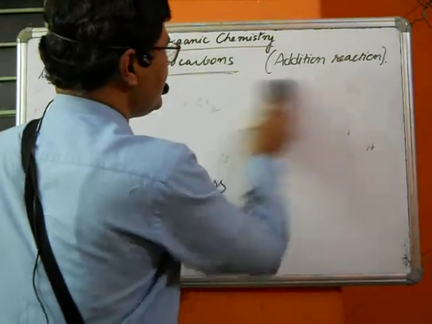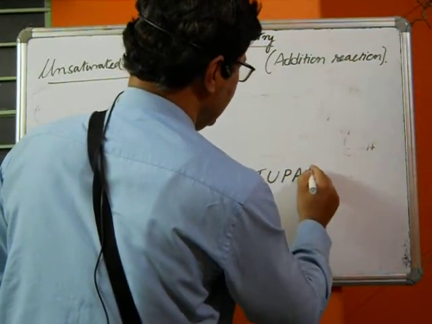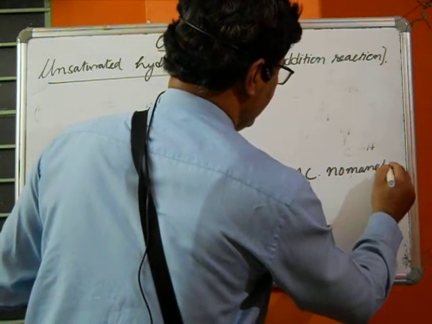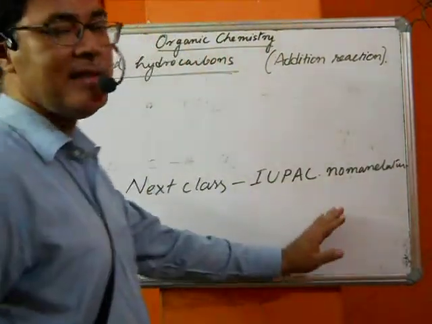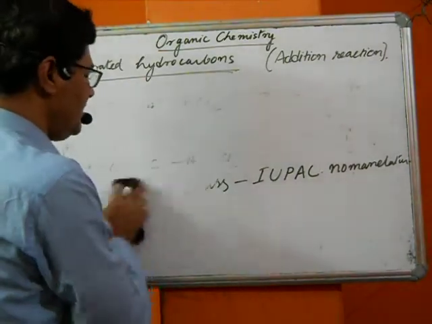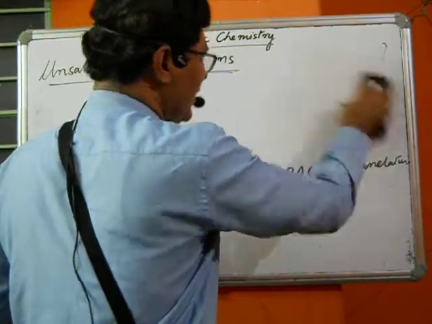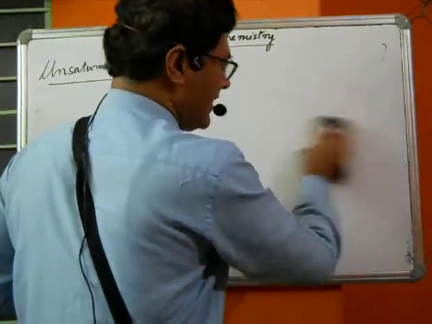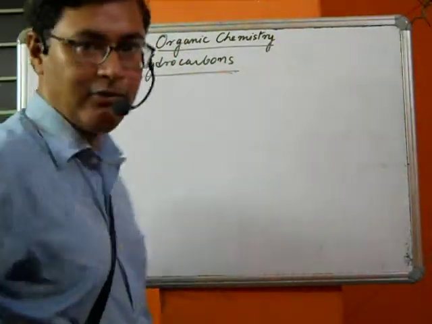Make sure you understand this one, IUPAC nomenclature. So till then, make sure whatever is taught to you, you revise. If you do not revise, you will not understand and you will forget it very soon. Okay? Thank you. Thank you very much.